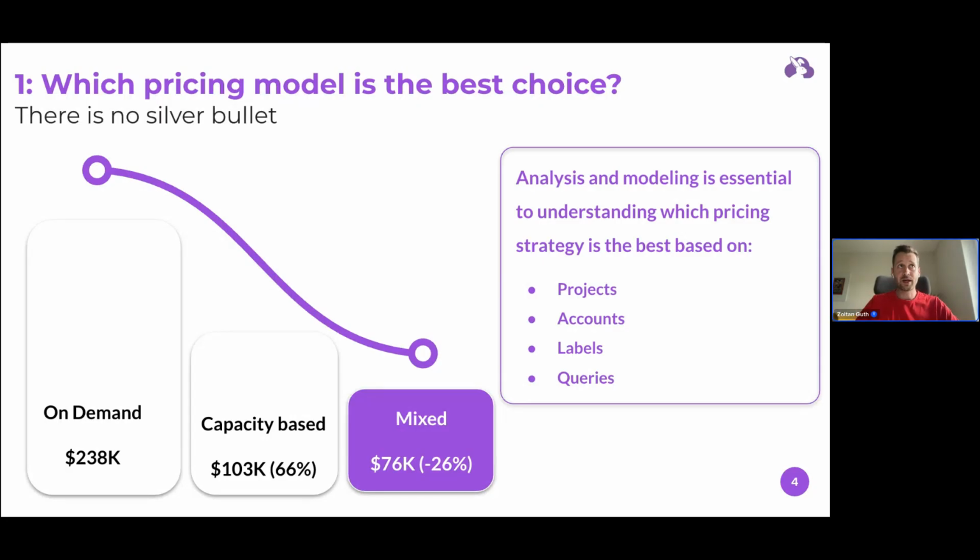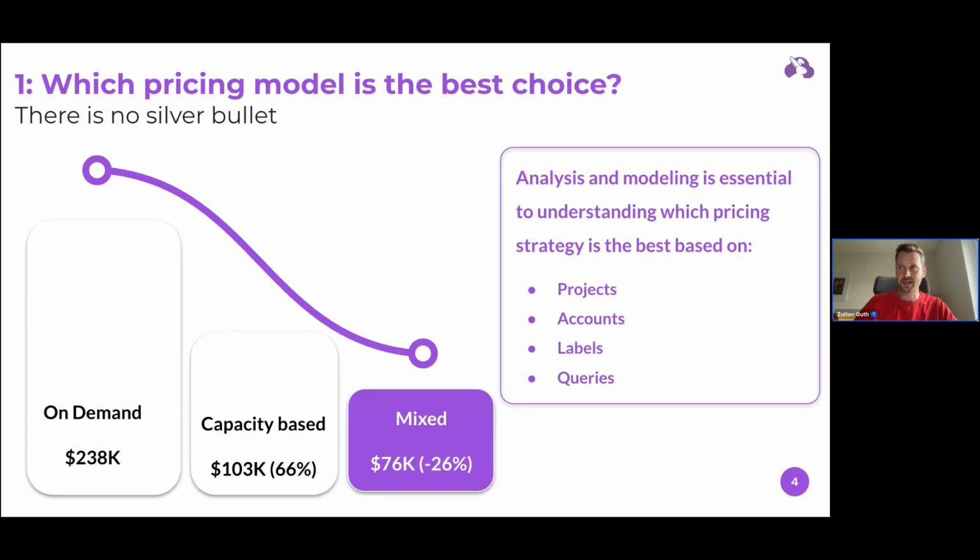So basically, my suggestion here is to check the different jobs that you have. You can use the information schema for it and analyze wherever it makes sense to put it either on reservation or into on-demand pricing.